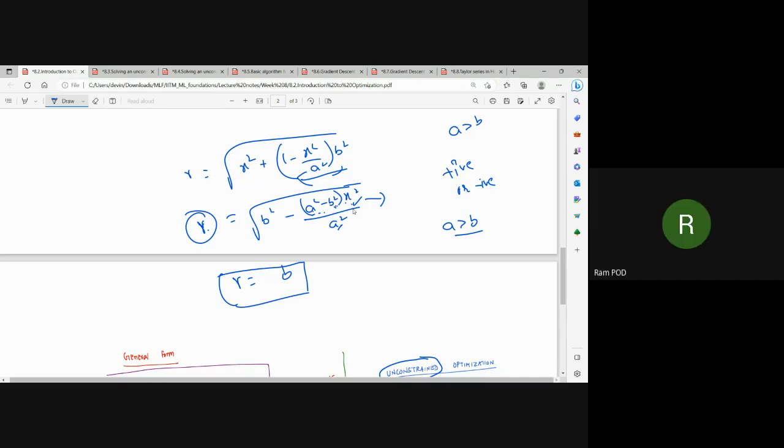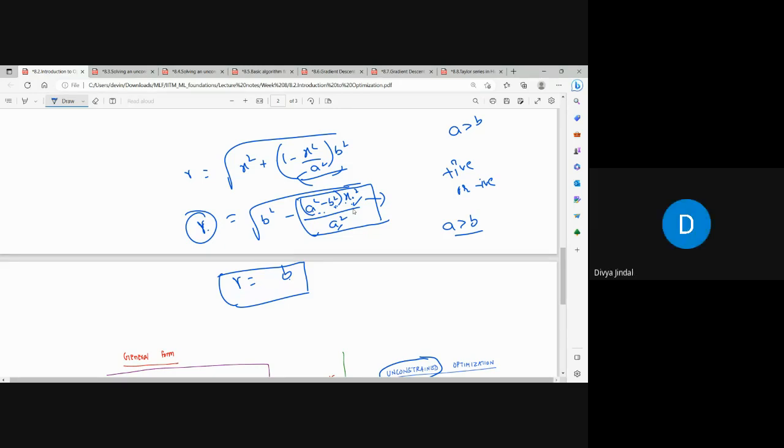We want to minimize this value, because there is a minus here. So the only way to minimize is if you get this x value as 0. If you take x as 0, then r equals b is what you'll get.